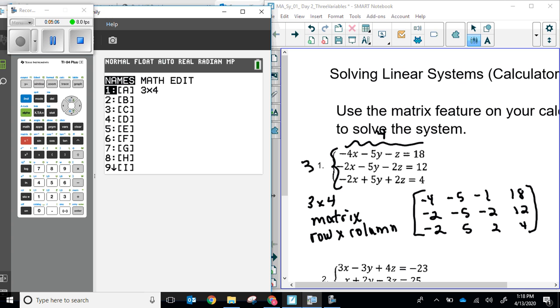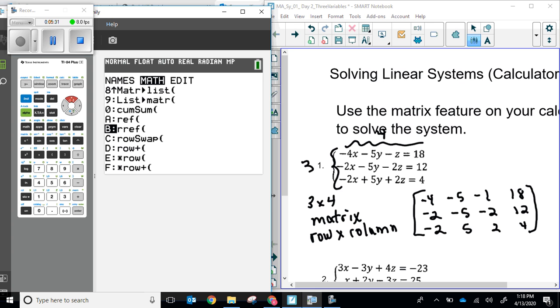Oh, nope, never mind. We need to go over to math first, sorry. So go over to math. We need to find what says RREF. So if you arrow up, I think you see it a little bit closer. It's option B right there. Okay, so this is standing for reduced row echelon form.